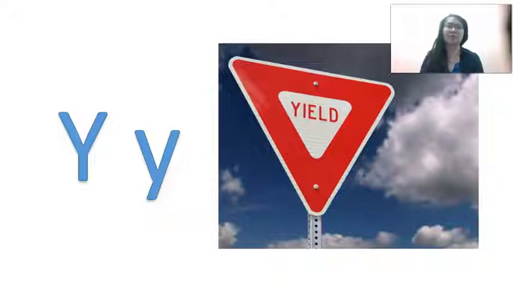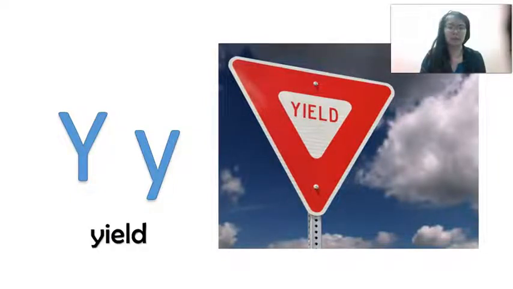The meaning is a bit complicated, but it tells you to do a certain thing when you're driving. Basically, be nice to other drivers and let them go ahead and you wait. So, yield. Or simply like me and you, you. So you can hear that. So Y says y like yield at the beginning of words.